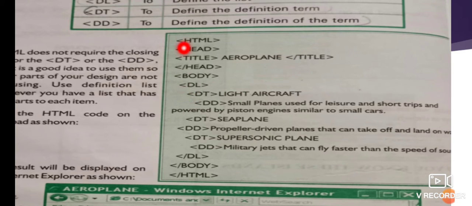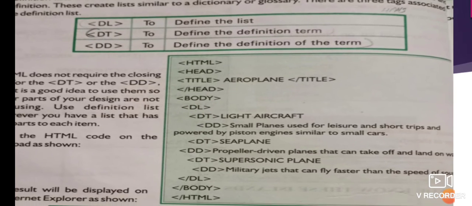Okay, so for example here, the title airplane is given. First thing, all programs must begin with the HTML tag, and then the second line is the head tag. Third, we give the title name as airplane, and then close the title tag, slash title, and then slash head, and then the main content begins inside the body tag. So first line, you start with the DL tag.